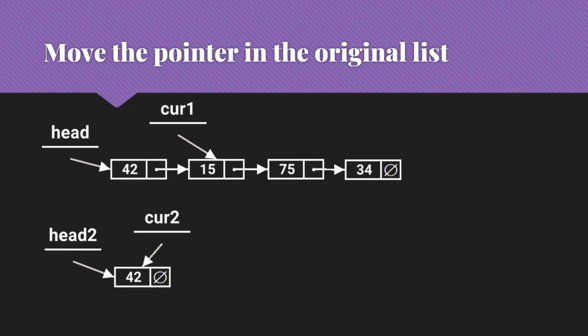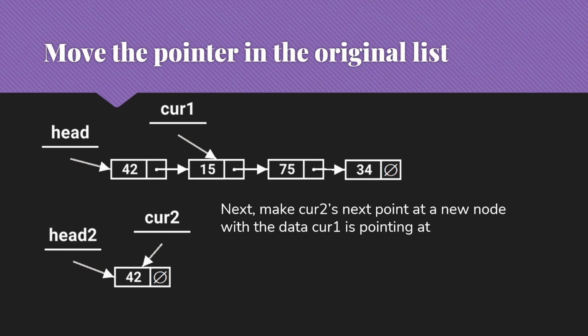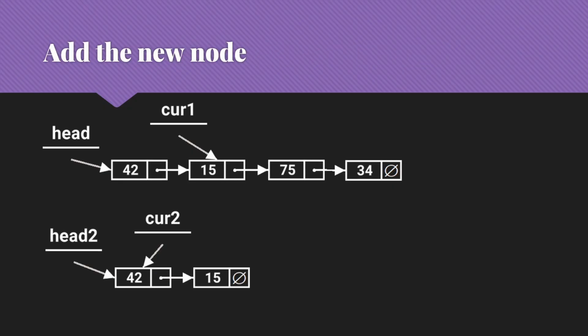At this point, we have cur1 pointing at the next node we want to copy, and cur2 is pointing at the last node in our copied list, which will be right before the new node needs to go. This sets us up perfectly for our next step, which is to make cur2's next point at the new node with the data cur1 is pointing at. Once we've done that, we have something that looks like this.